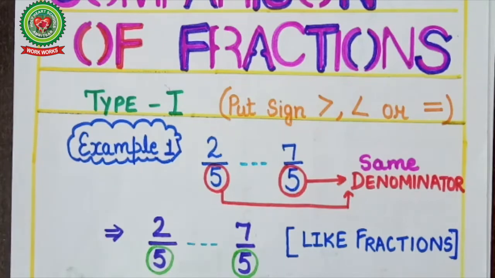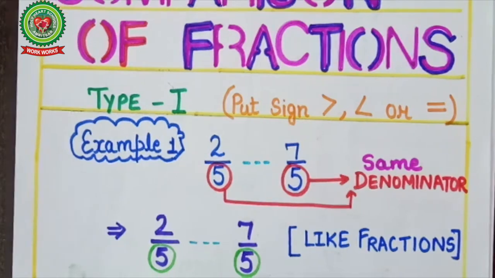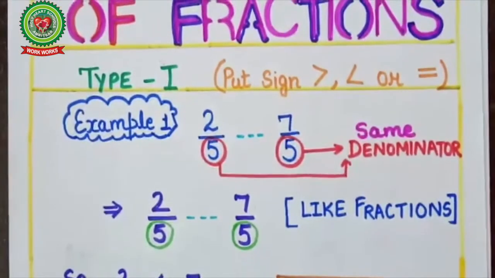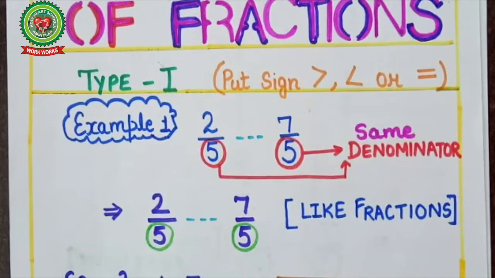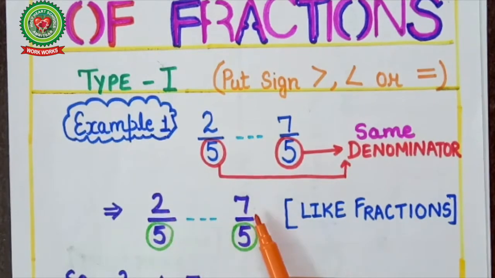Therefore, these two are like fractions. So, in like fractions, you will check the numerators, and you will put the bigger sign towards the bigger numerator. Here, who is bigger, 2 or 7? Right, 7 is bigger.